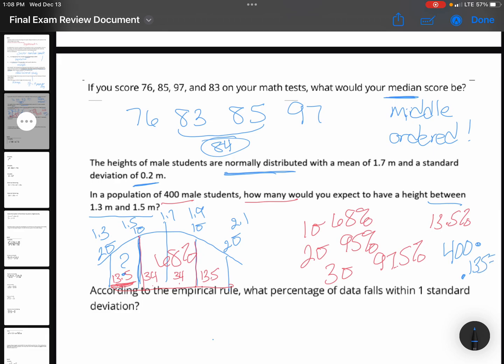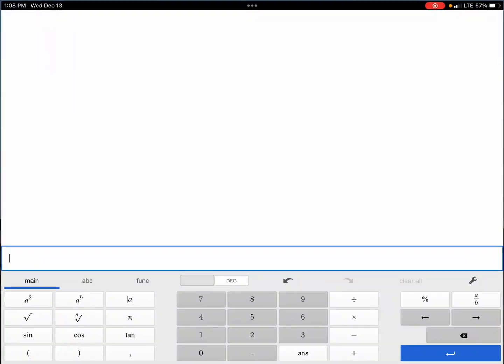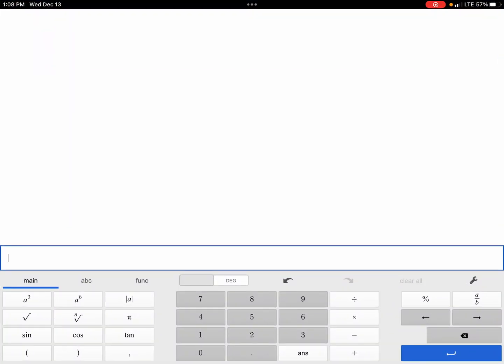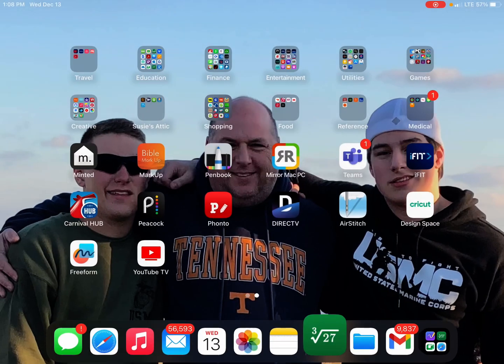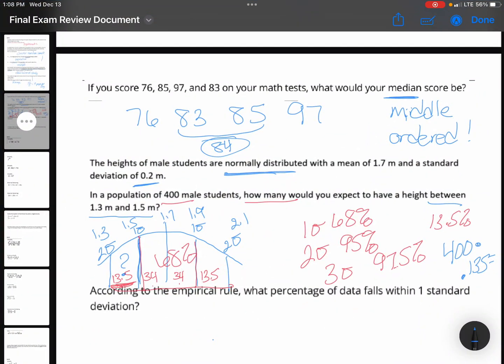Let me jump over here to the calculator. So we had the 400 students, 400 times 0.135, and that gives us 54. So to answer our question, that would be 54 students.